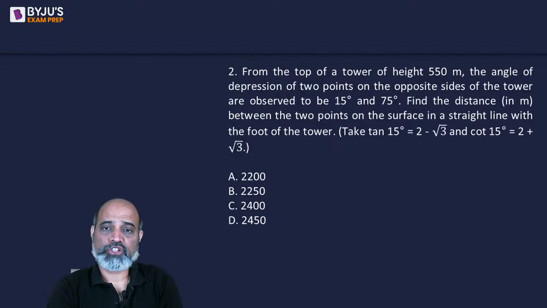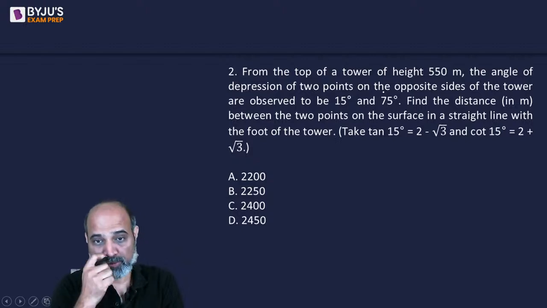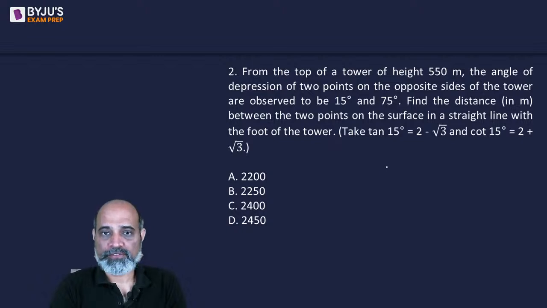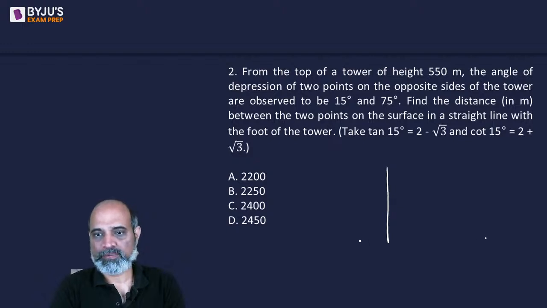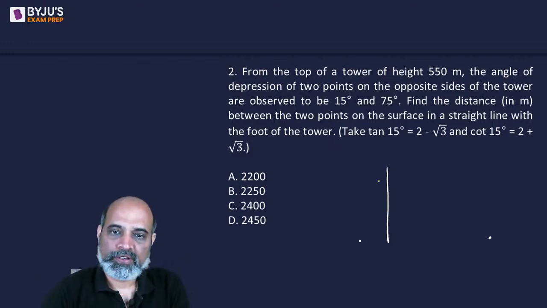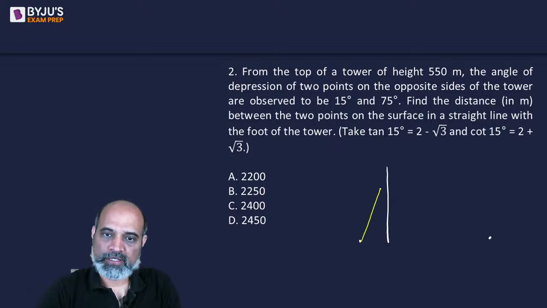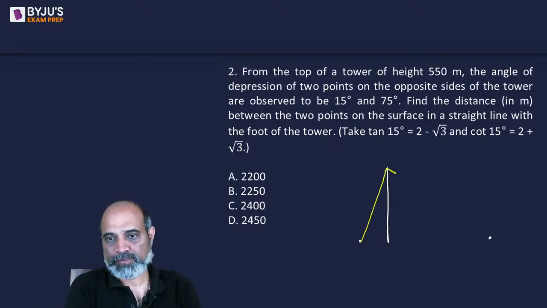Next. From the top of a tower of height 550 meters, the angle of depression of 2 points on the opposite sides of the tower are observed to be 15 degrees and 75 degrees. So we have a tower of height 550 meters, and then we have two angles of depression. One angle of depression is this, and another angle of depression is this.